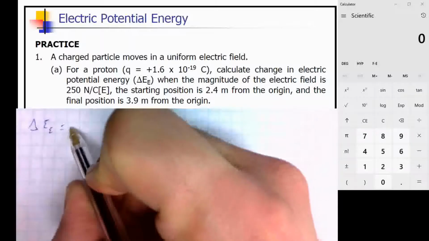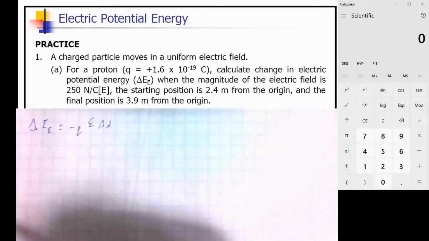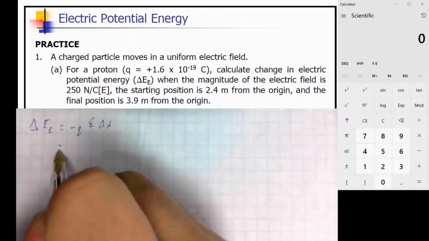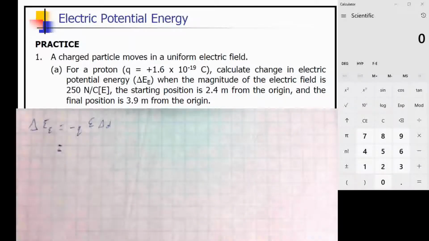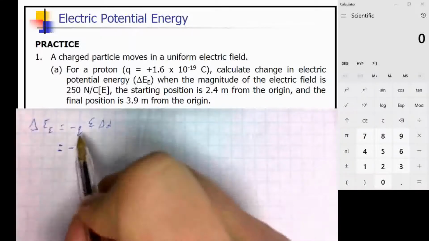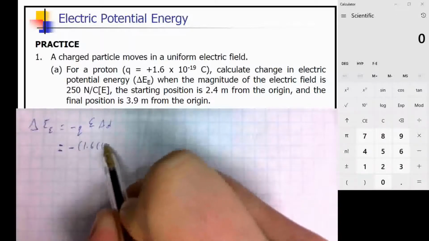So this is negative Q, which is our charge, times epsilon times delta d, the distance traveled. And this is designed so that we can substitute our Q value in with its charge. So that's something to consider when you're using this equation, which means that our Q we have to write as positive 1.6 times 10 to the negative 19.